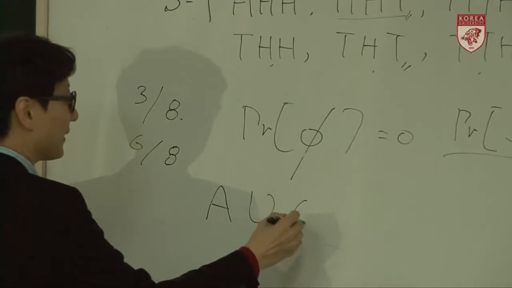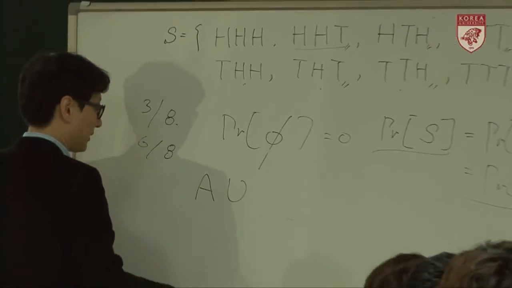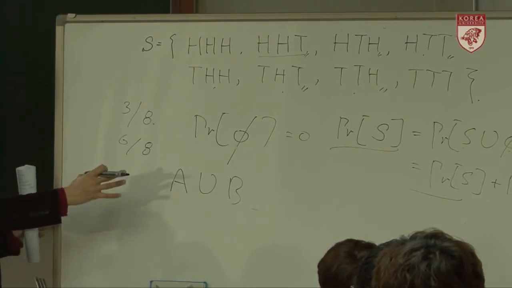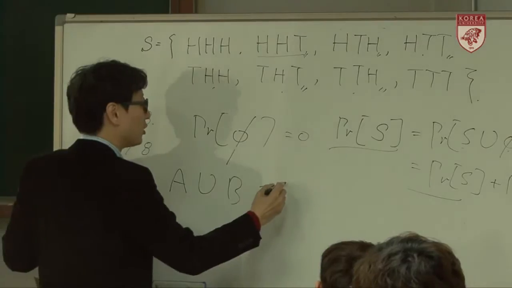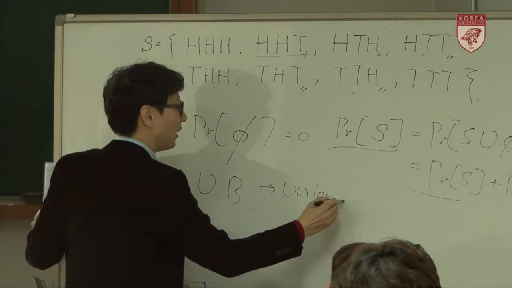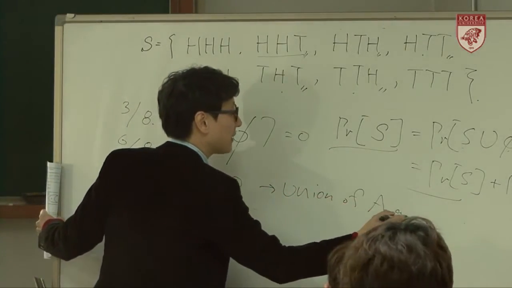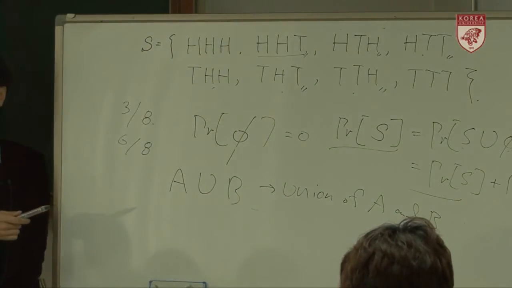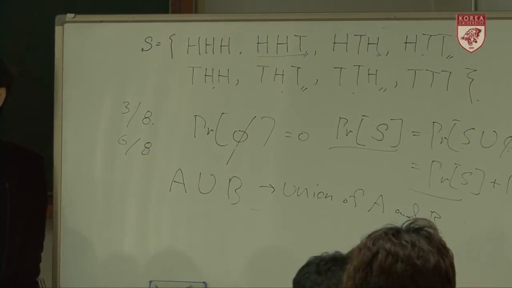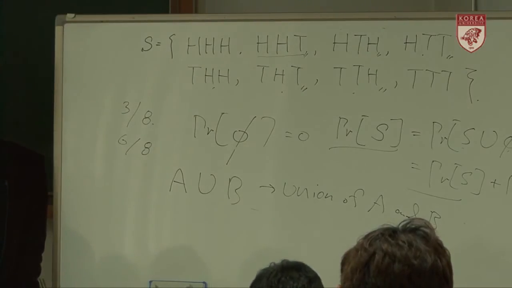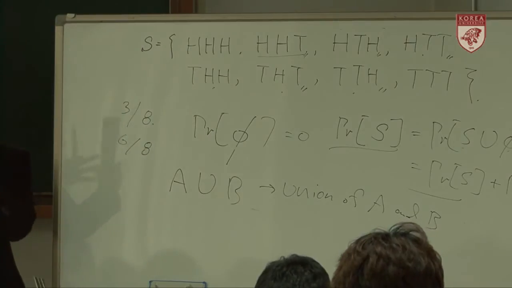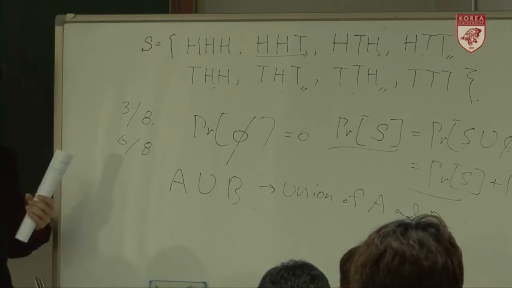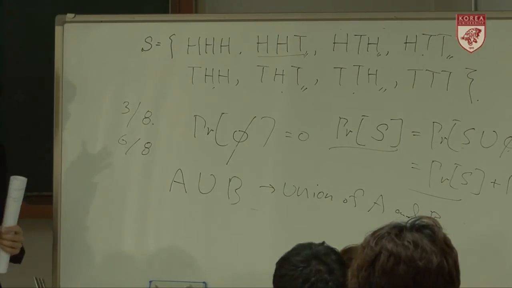This notation denotes the 합집합 of A and B. In English, we say union of A and B. Union is in English like the United States or United Nations, UN, or United Kingdom, something collected together. That's a union. So 합집합 means union.